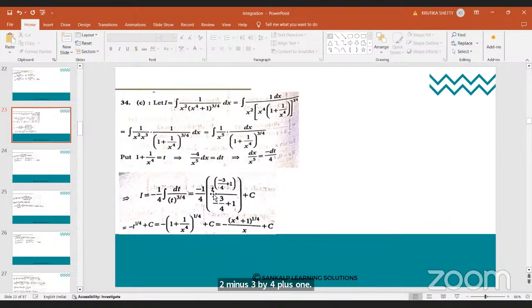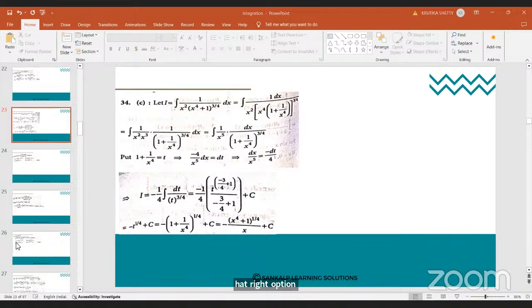So on simplifying we get minus t raised to 1 by 4 plus c, or replacing t with the substitution we had considered, 1 plus 1 upon x raised to 4, we get minus 1 plus 1 upon x raised to 4, raised to 1 by 4 plus c. So option c will be the right option. Option c gives us the right option.